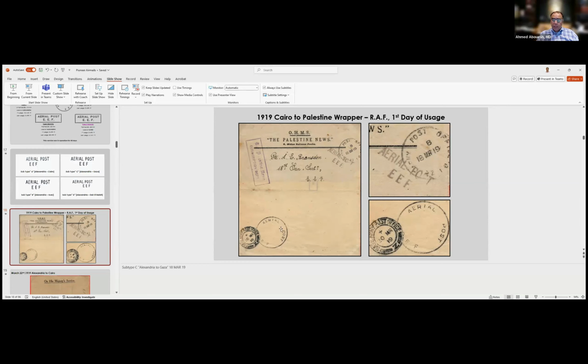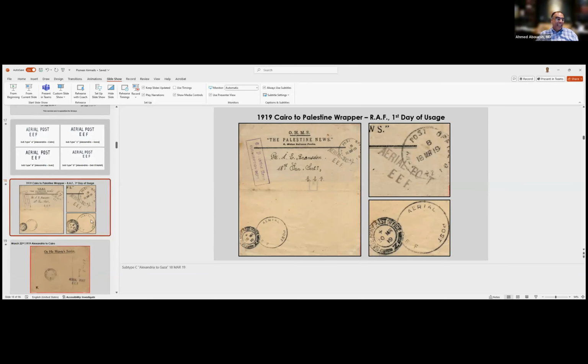And associated with it on the same cover is the circular cachet, which is, I believe, dated 20th of March. And I think the reasoning is fairly simple. They would reuse the envelopes. I'm not sure how they reused the wrapper, so I'm still trying to figure that out.